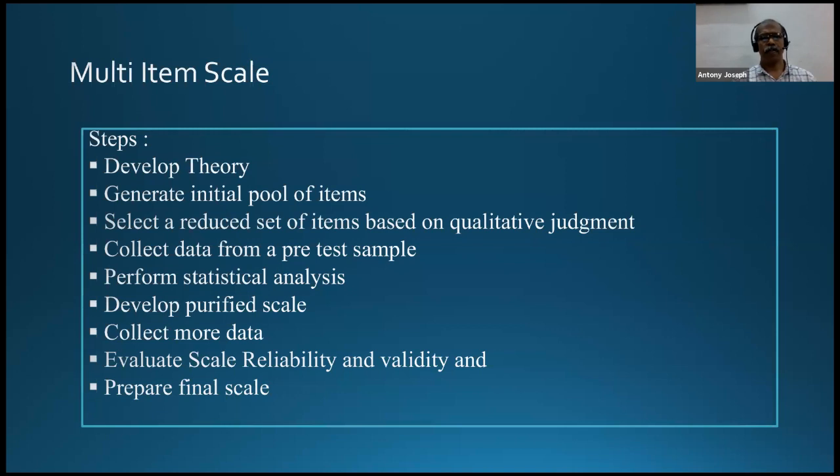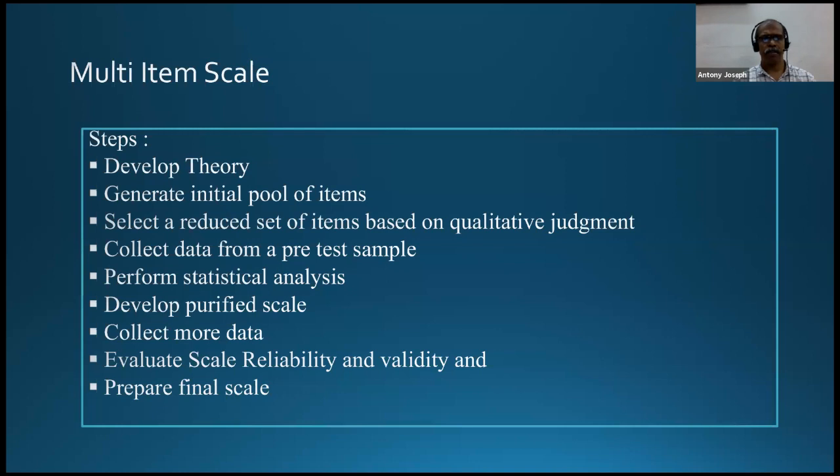If there is a well-developed theory dealing with the concept you are going to research, say for example, in my case, customer relationship management, there is a well-developed theory related to that. Then only you are able to develop a scale.